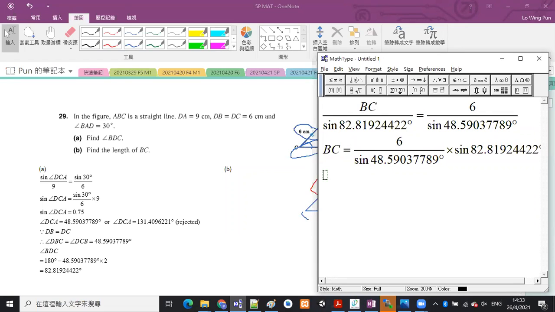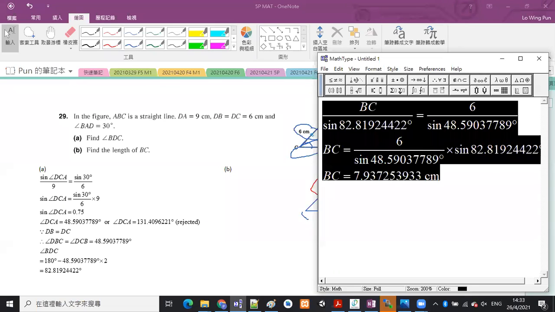And then just use the calculator. Should be 7.93 something. And the unit is cm.